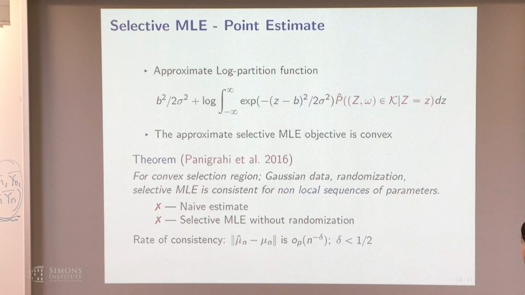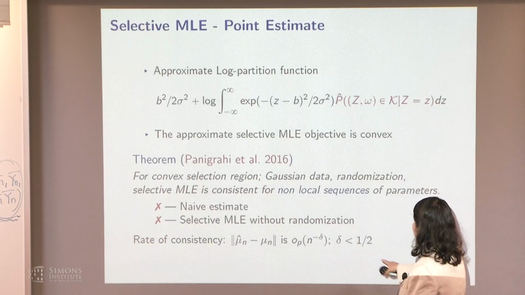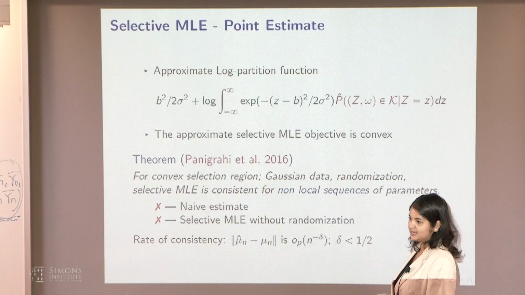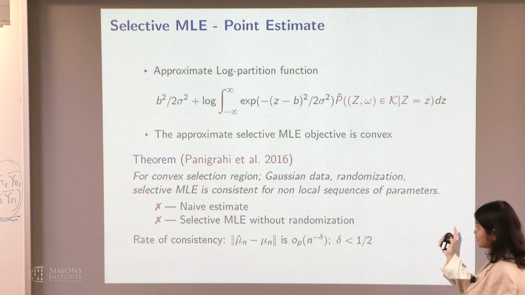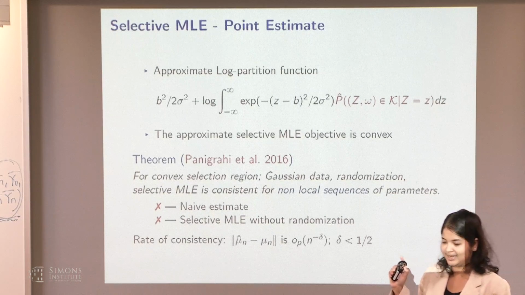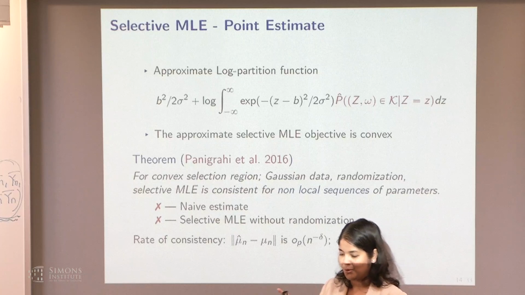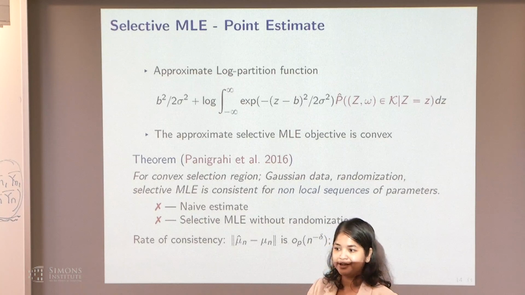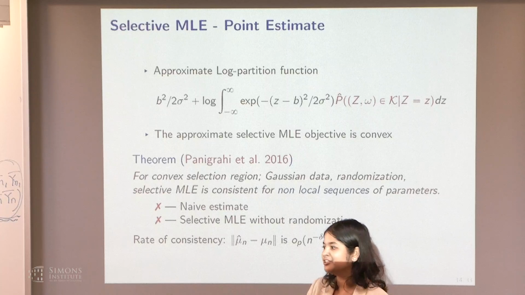So it's basically consistent at a rate which is slightly less than half. Any rate that you take which is slightly less than half, it's consistent. But this consistency of the selective MLE, I realized just a month ago, has a very nice property associated with Bayesian post-selective inference. It is very closely related to posterior consistency.